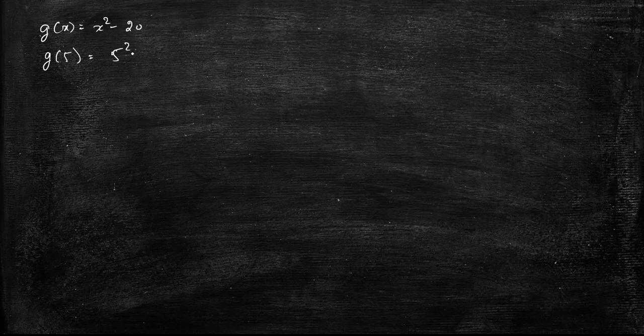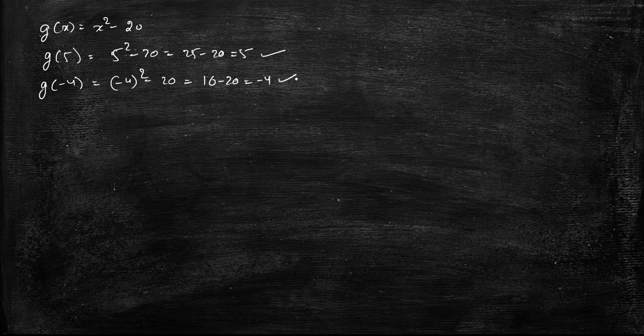So it is 5 square minus 20, which is equal to 25 minus 20, which is equal to 5. And g of minus 4 is equal to minus 4 whole square minus 20, which is equal to 16 minus 20, which is equal to minus 4. So this is also a fixed point. Now let us consider another example.